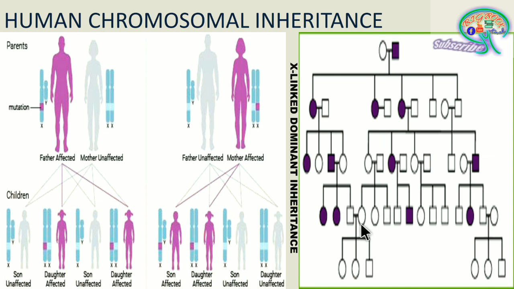You can see there is no skip of generation. The two unique points are that the mother is going to pass her defective gene to both the male and the female offspring, whereas the father is going to pass it only to the female offspring. Those are the two unique points.